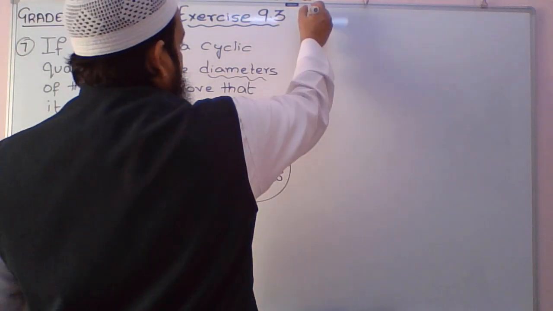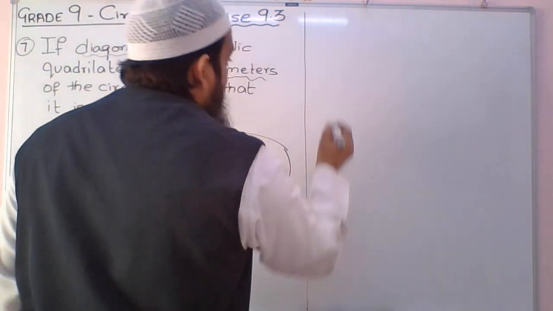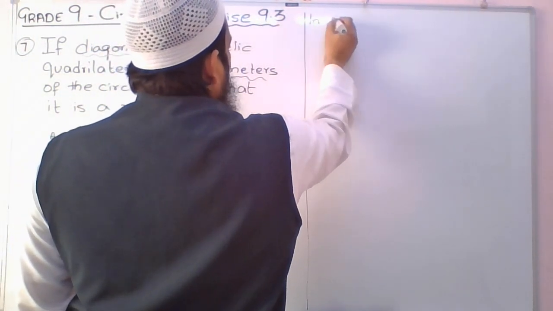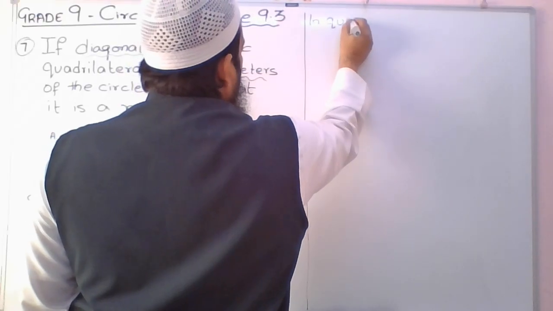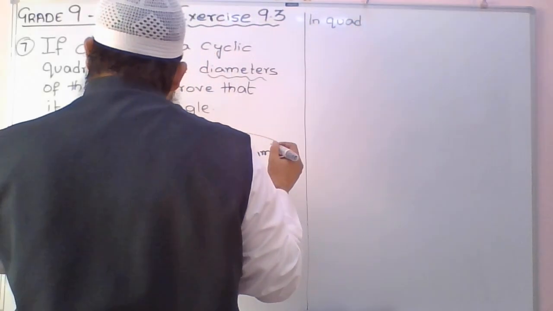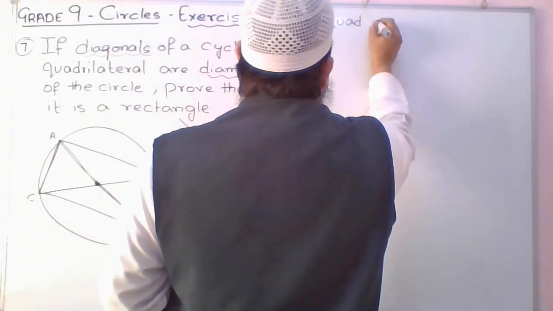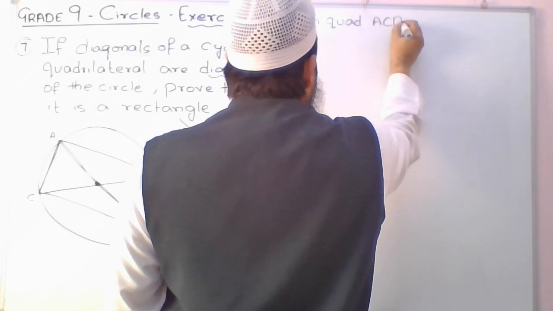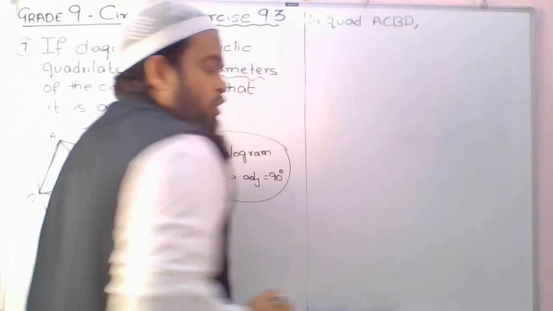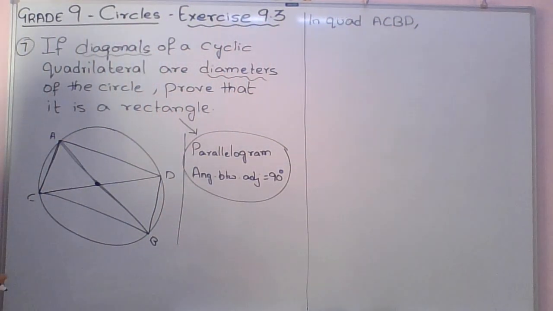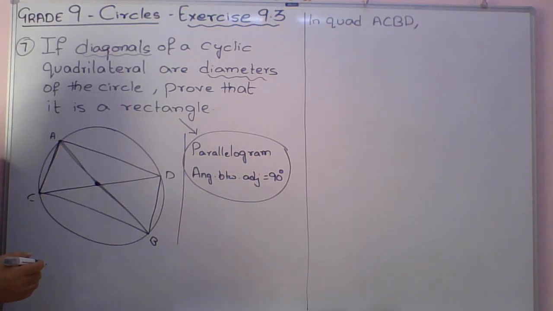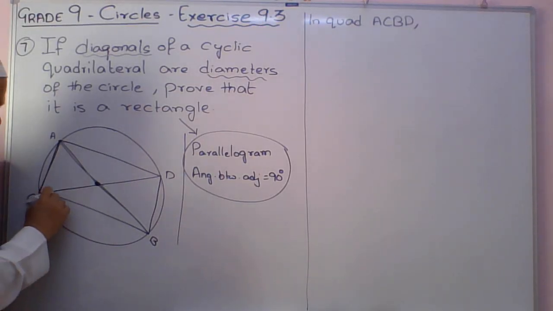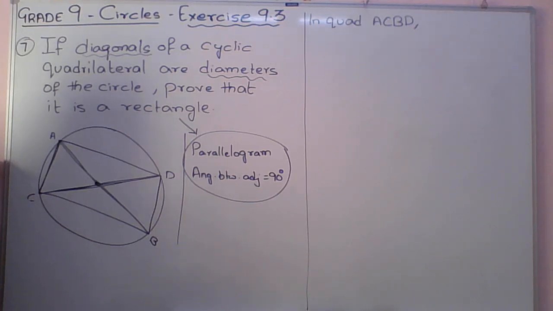Let us see this figure. Now in quadrilateral ACBD, can you please see that this is a diameter, right?